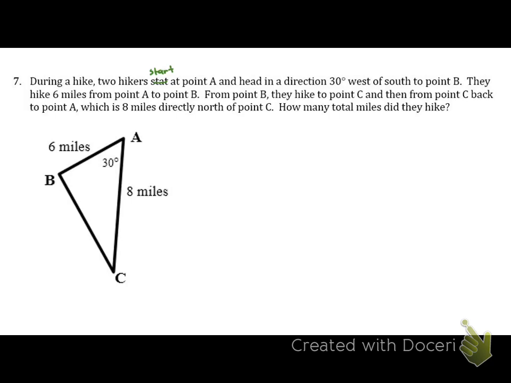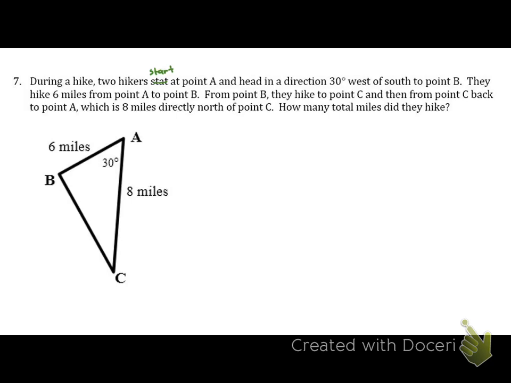They hike 6 miles from point A to point B, and then from point B they hike to point C, and then from point C back to point A, which is 8 miles directly north of C. How many total miles did they hike? So you have the picture drawn for you there. If not, we'd have to talk a little bit more about how to draw that, but we have it there. It says how many total miles did they hike?